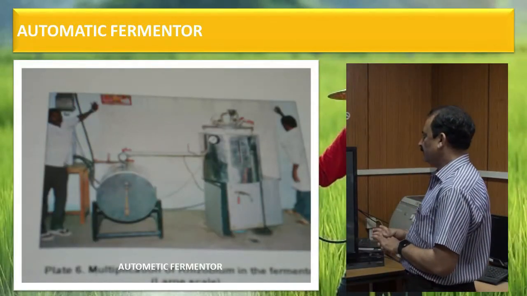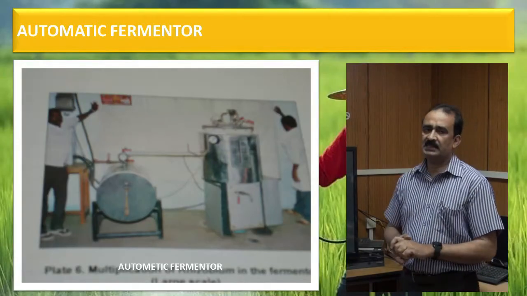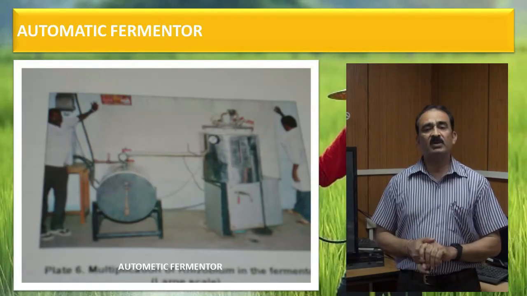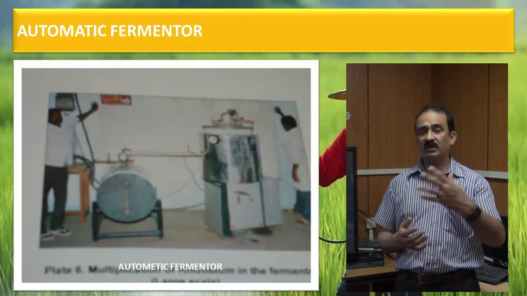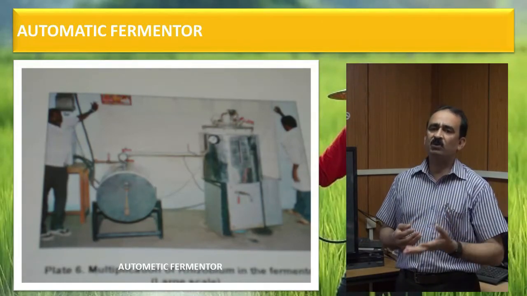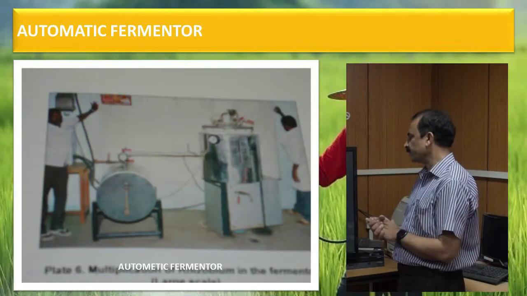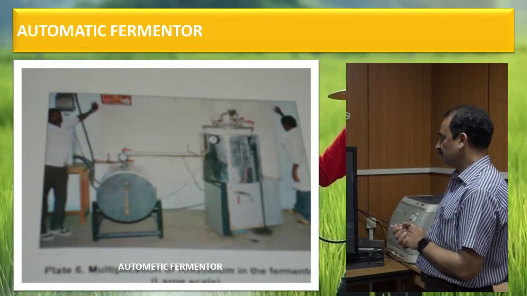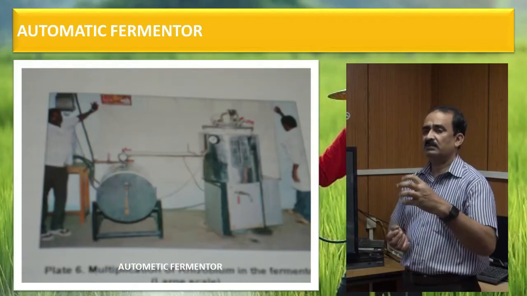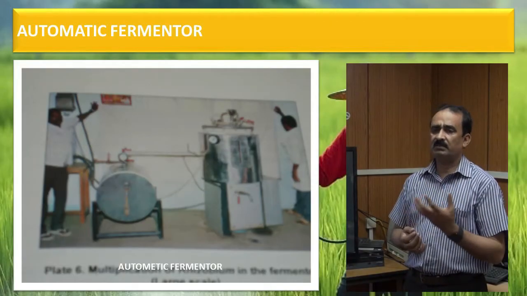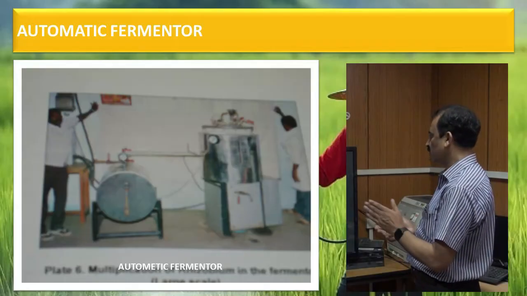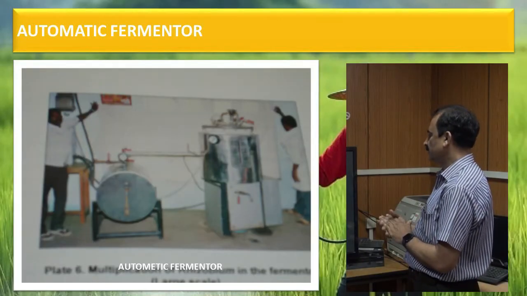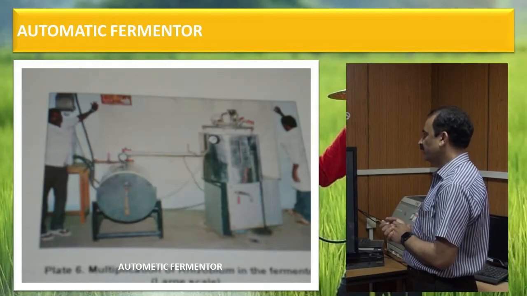This is a fermenter. It is used for the commercial production of the biofertilizer. If you are not going commercial, then go for the Hopkins culture bottle, and you can multiply the bacterial culture manually. But if you want commercial production of the microbial inoculants, you must use this automatic fermenter.